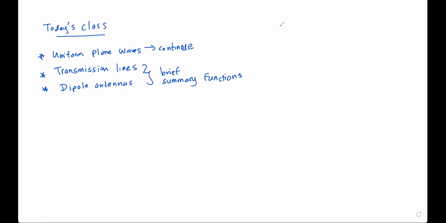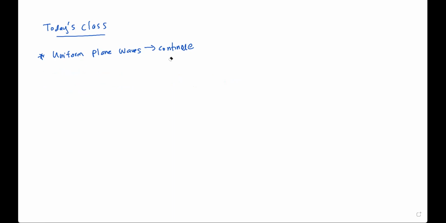where these uniform plane waves are generated, and why we are going to analyze them. So I will briefly draw the place or the situation where we observe uniform plane waves.